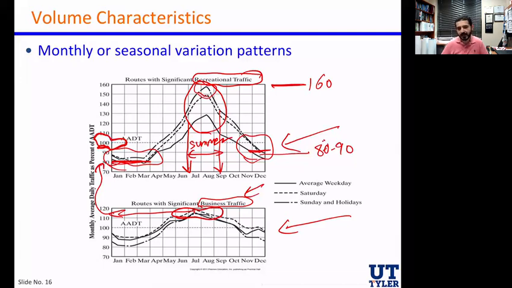Do we see a difference between Saturdays, Sundays, and average weekdays? We see that difference a little bit in the business traffic roadway. You see here there's some difference between Saturdays and Sundays and weekdays, but we see that difference way more in recreational.